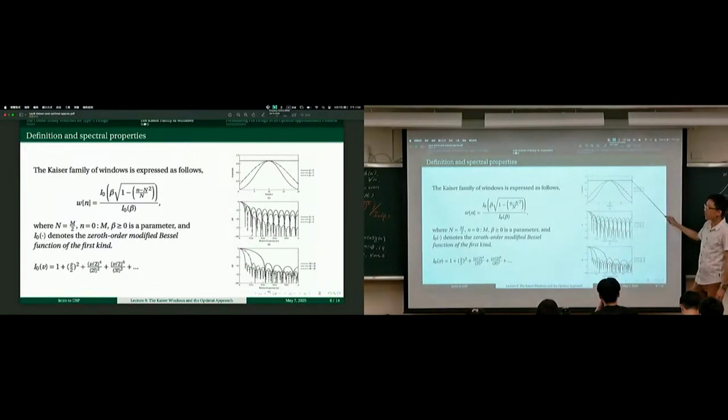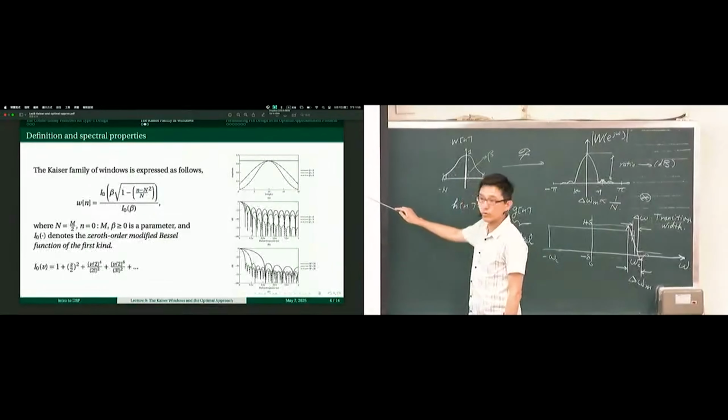But otherwise, when we increase beta, it's going to go down the curve more rapidly. It's becoming more and more bell-shaped by increasing beta. This is a nice plot to look at: beta equals 3, beta equals 6.